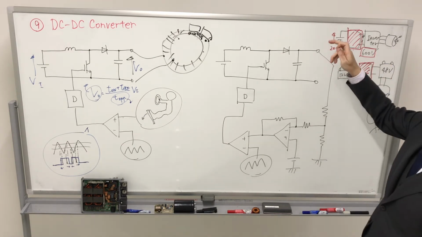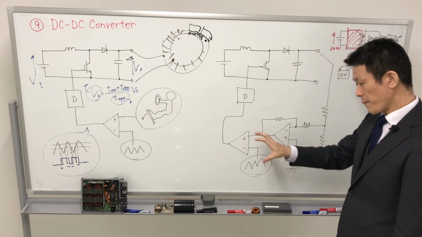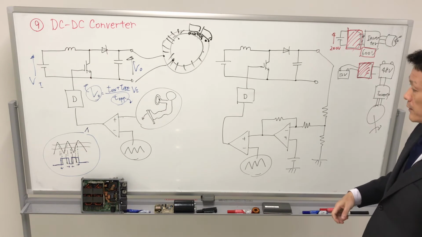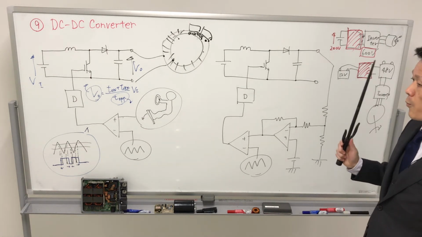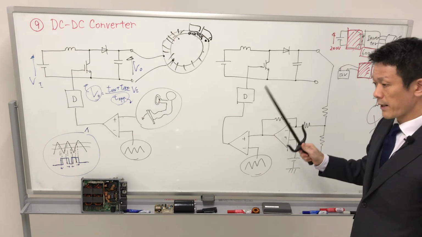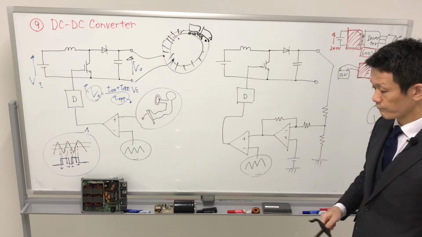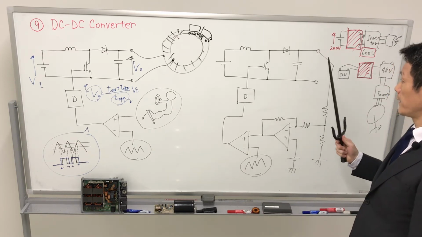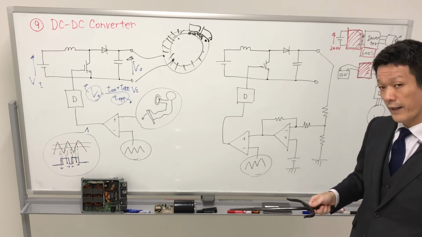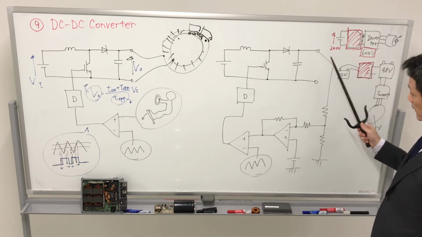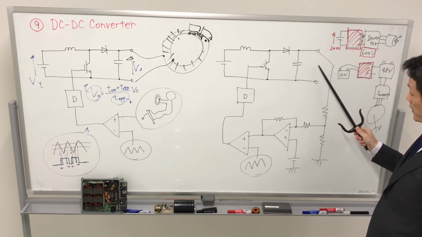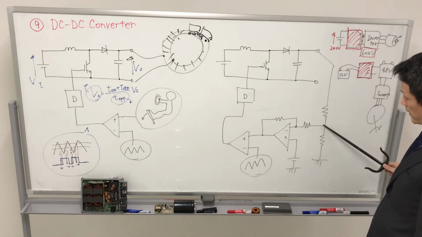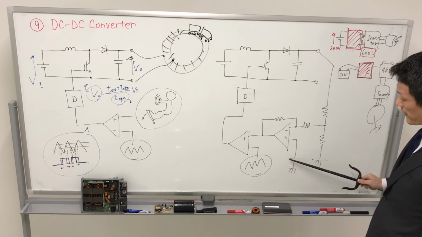So we must prepare the control side with a feedback loop and run the feedback control scheme. The output voltage is detected and compared with the reference voltage.